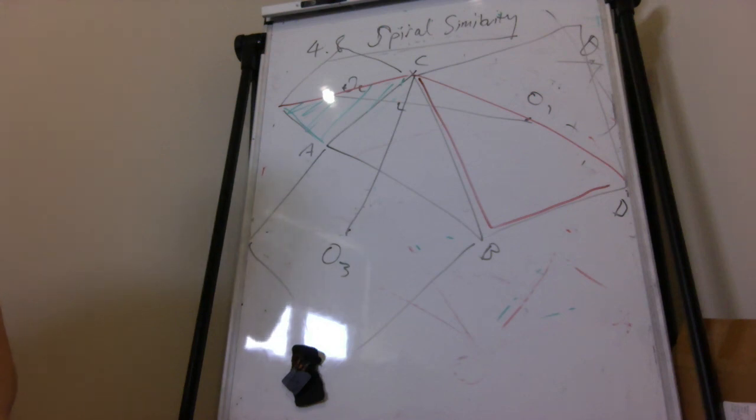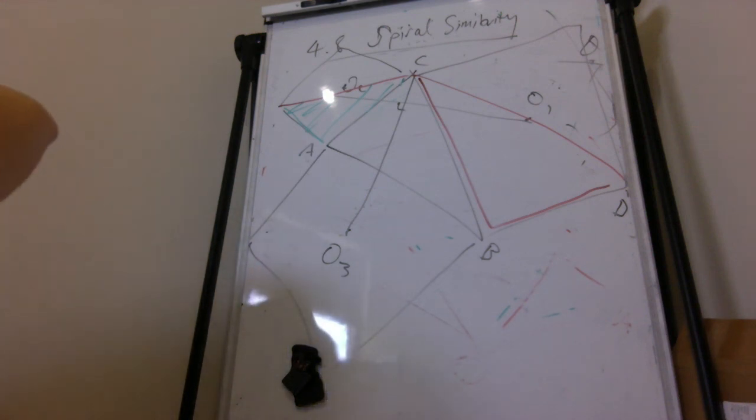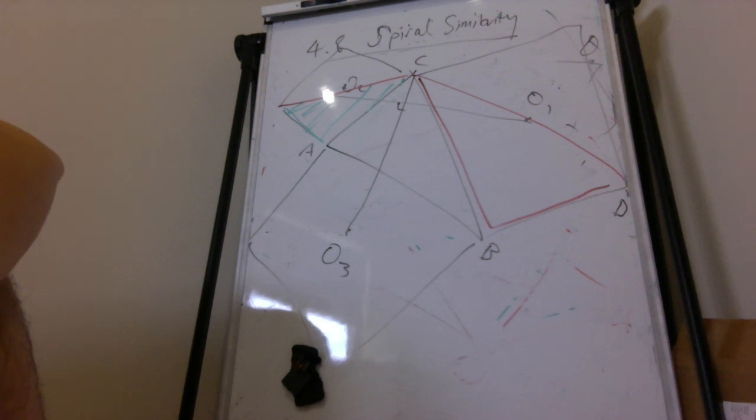That's how you actually solve problems. I think you can use O2O1 as a similar triangle, like that one and that one are similar. Equal and perpendicular. C, B, and whatever that point is, similar to CA and whatever that point is.